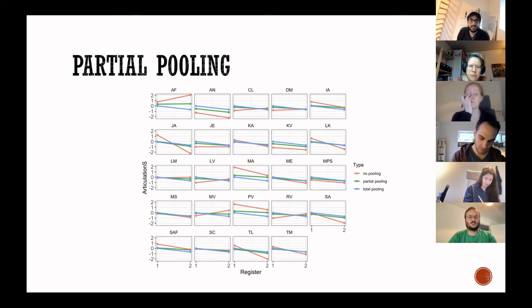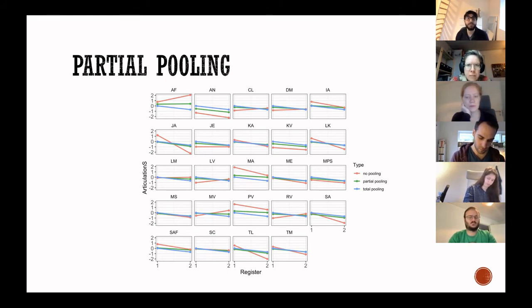You can see that in many cases there is a very small effect, but for instance, in the very first one, AF, it's basically pulling the raw data so much towards the mean that the effect has all but disappeared. And the model is completely agnostic about the direction.